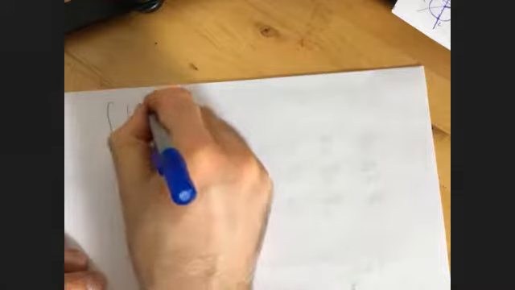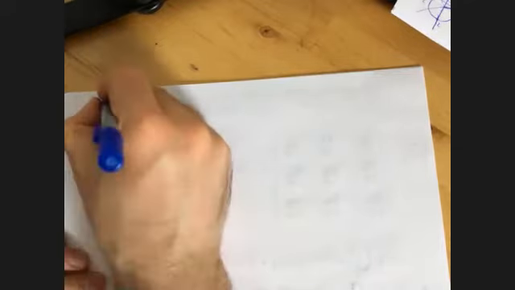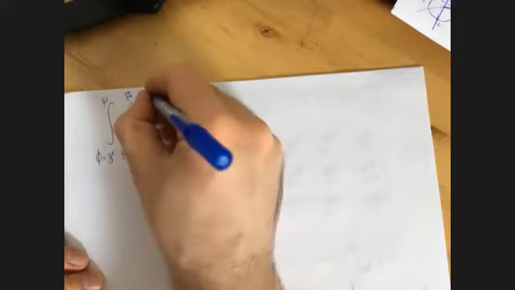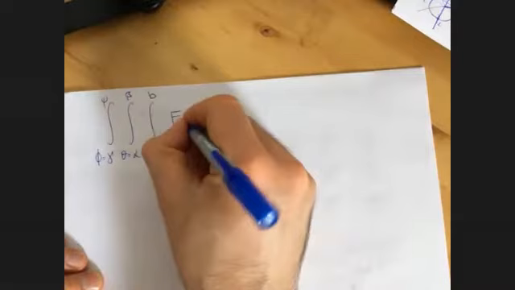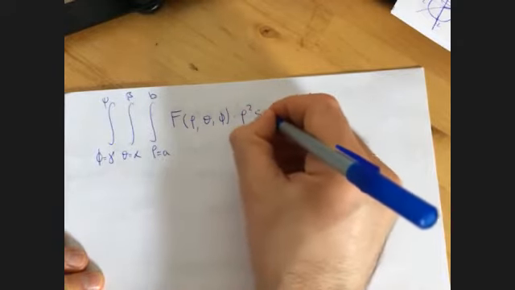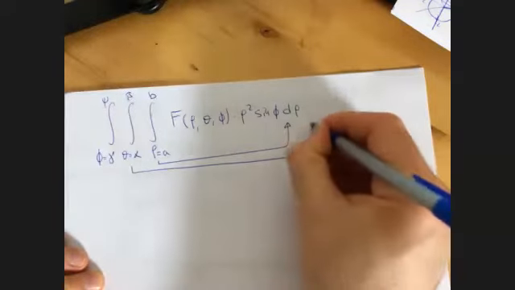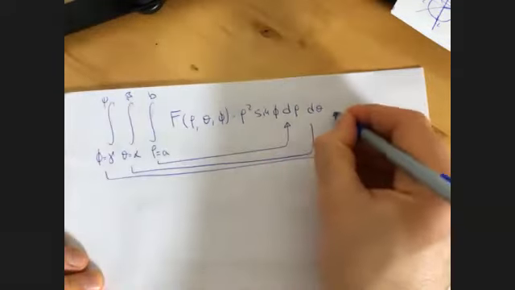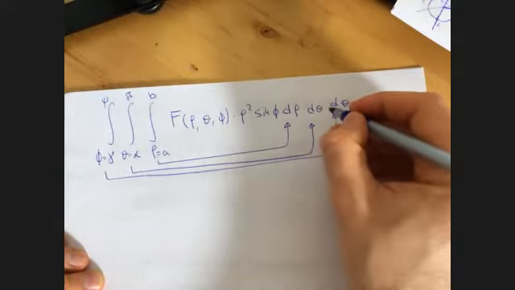which means that whenever we are evaluating a triple integral in spherical coordinates, let's say that phi goes from gamma to xi, theta goes from alpha to beta, and rho goes from a to b, we have a function of rho, theta, phi times the Jacobian rho squared sine of phi d rho d theta d phi.